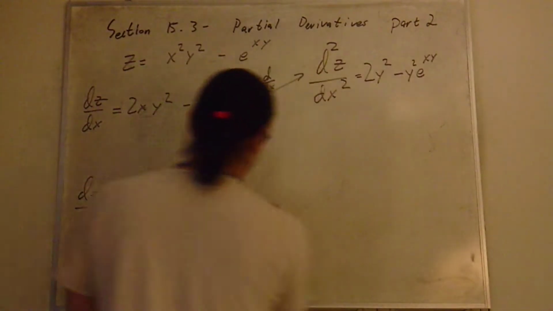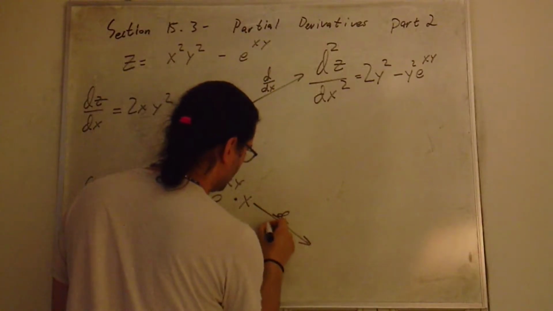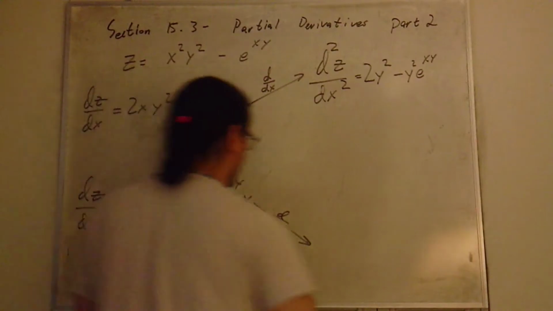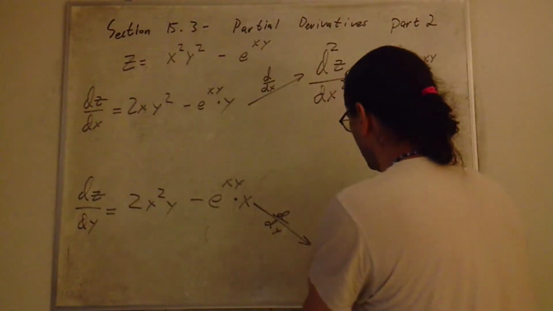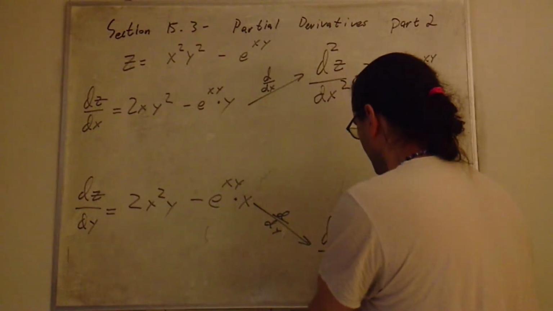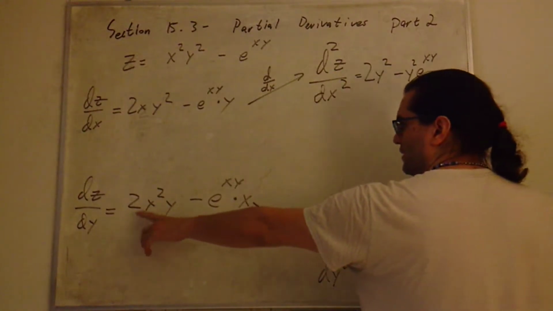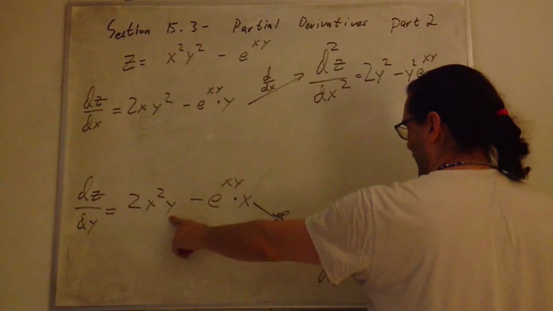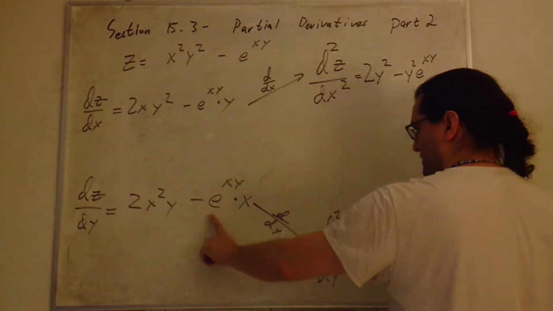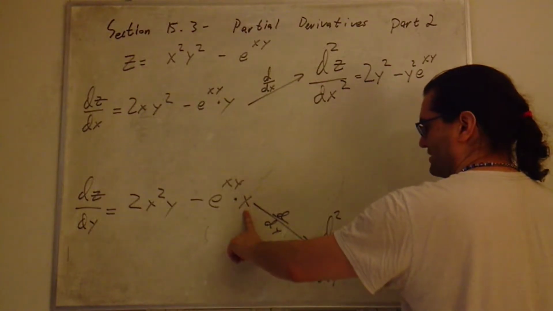I'm going to take a second partial derivative here with respect to y a second time. And that will give me the second derivative with respect to y twice, which should be: derivative of y is just 1. So 2x squared minus, I have 1x here.